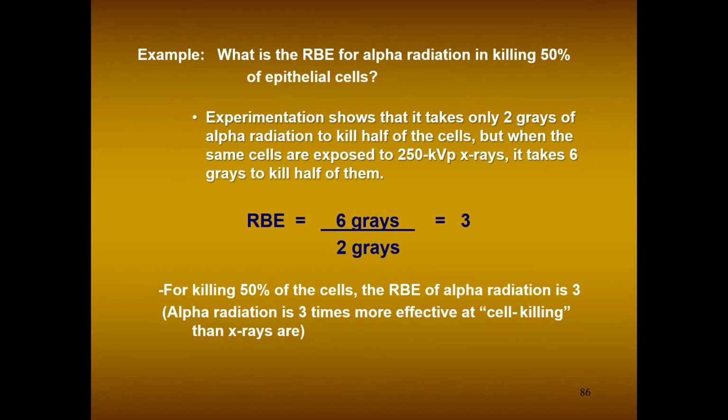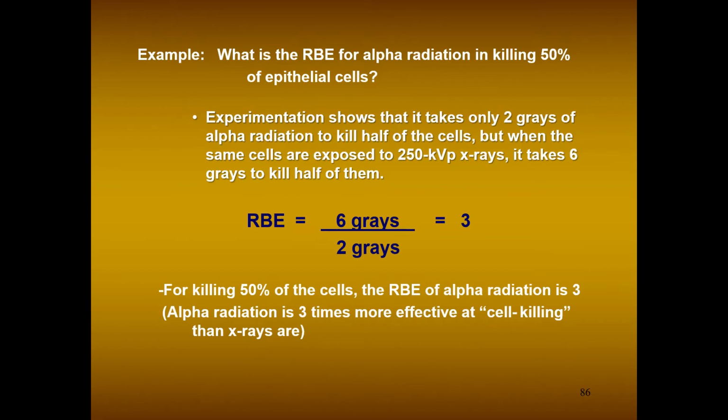But when given 250 kilovolt X-rays, it would take 6 grays to kill them. The number in grays for X-rays goes in the numerator. The number in grays for the other type of radiation, in this case alpha, goes in the denominator. So 6 divided by 2 is 3.